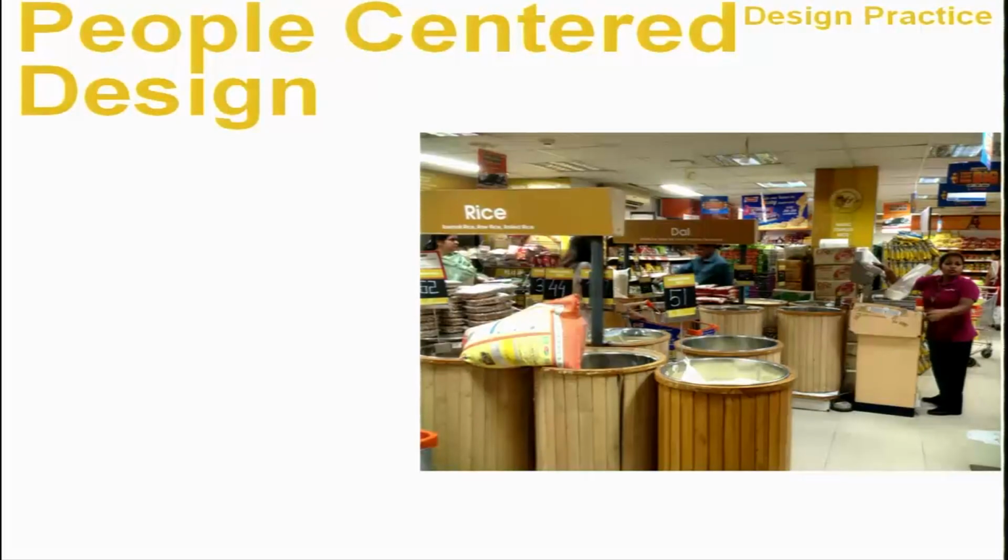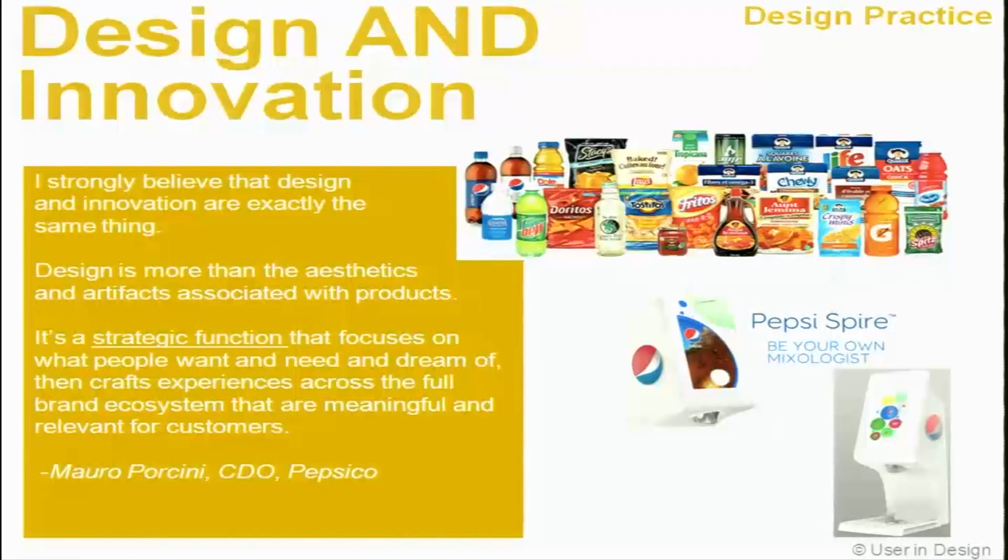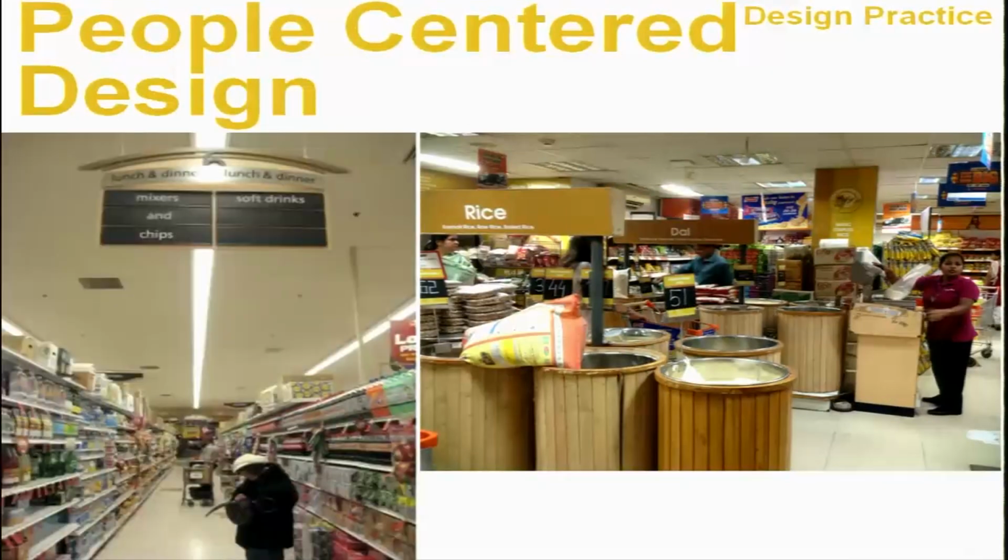There are a few more examples which show how design can really improve. This right here shows a supermarket, something like those in western countries. Vis-a-vis this, the new form of supermarket here is offered by Big Bazaar, which according to Kishore Biyani, the CEO of Big Bazaar, is a form of organized chaos.